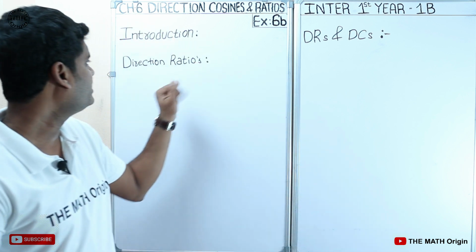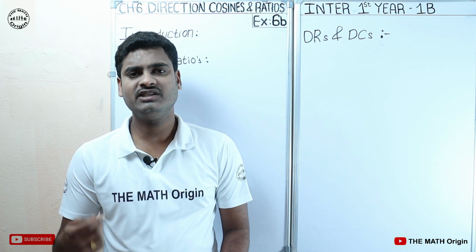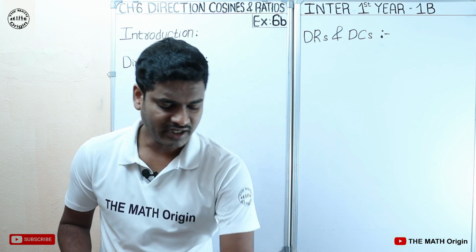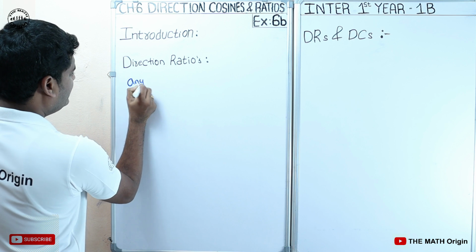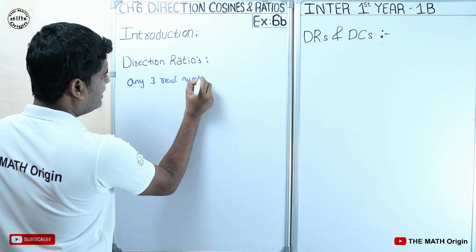What are direction ratios? Any three real numbers which are directly proportional to direction cosines are called direction ratios.